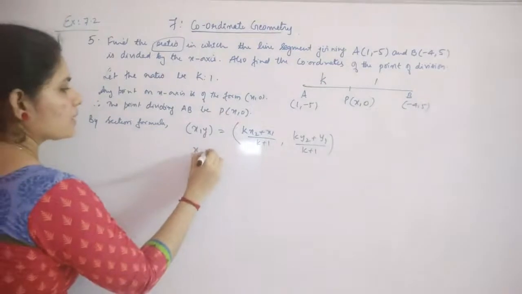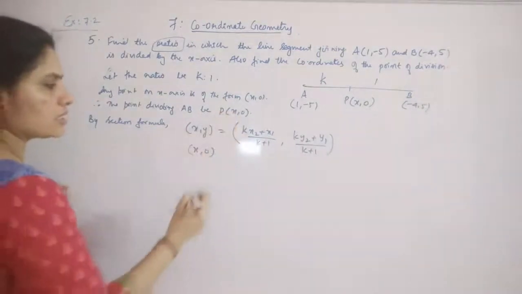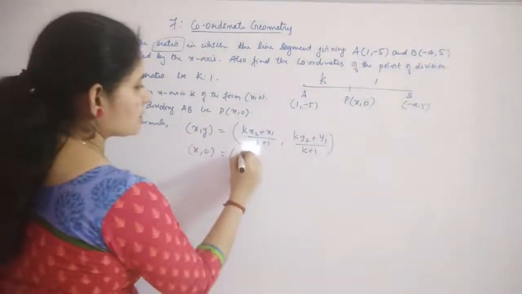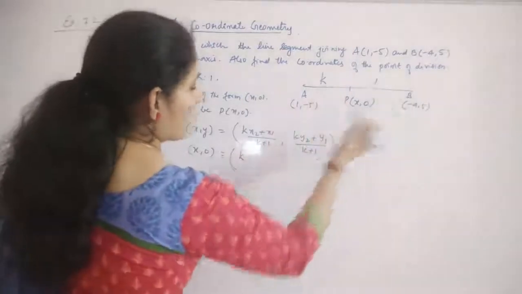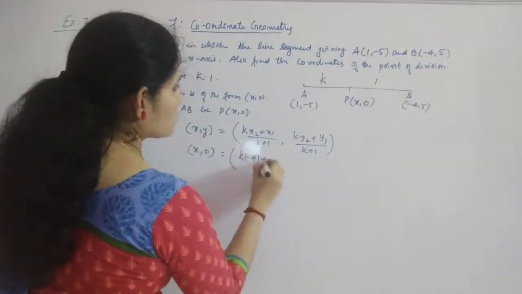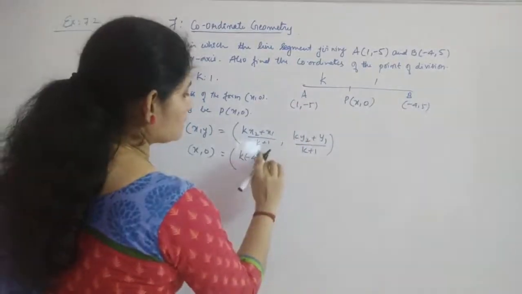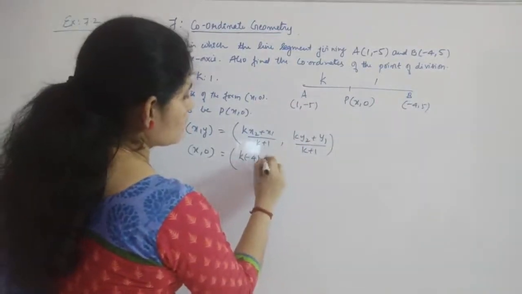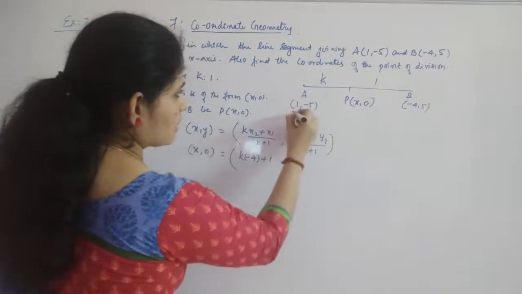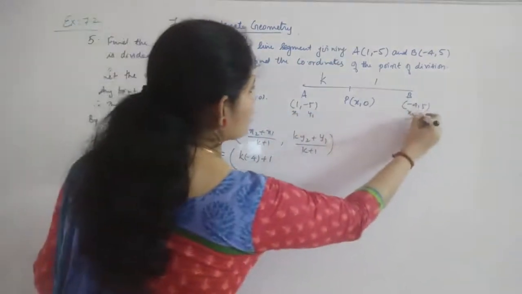Now this will become x, 0, since the point is x, 0, and here k, x2 is minus 4, so k into minus 4 plus 1 into x1, you will get x1 as 1, right? This is your x1, y1, x2, y2.